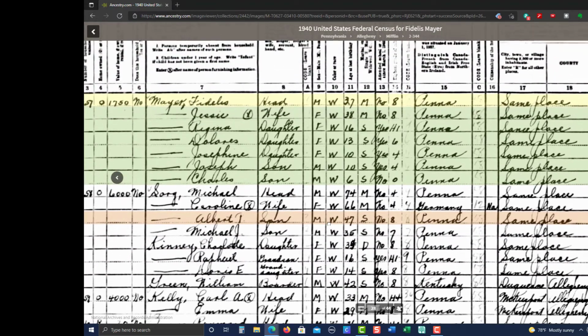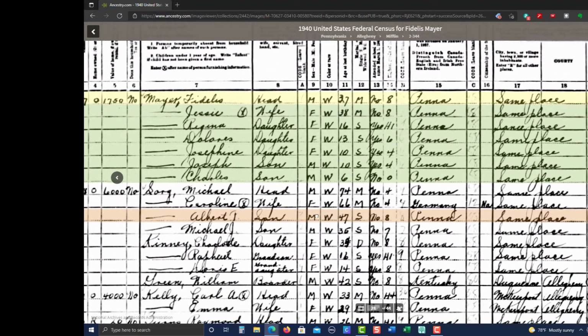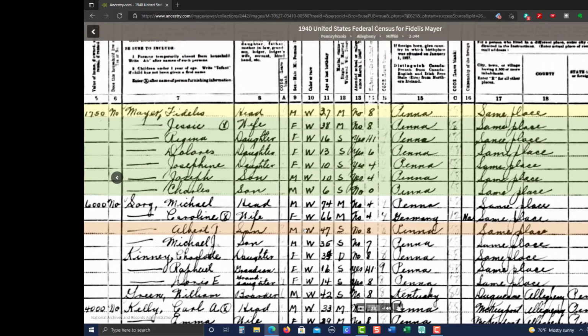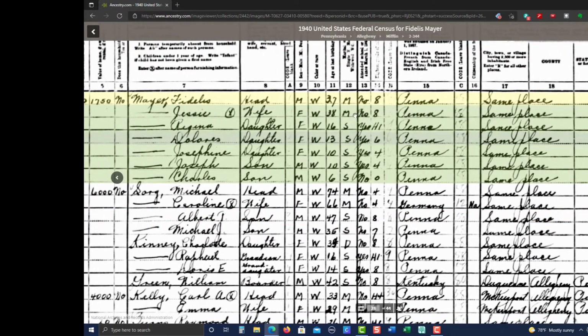Okay, let's go back up to the Mayer family. Now, where did we leave off? Okay, column 12, which for them, married children are all single. Column 13 is asking whether this person attended school or college.